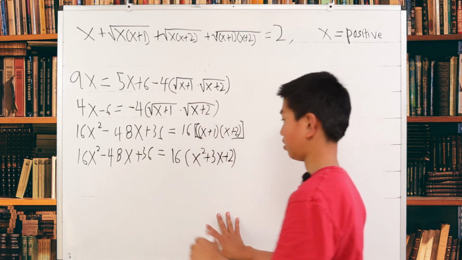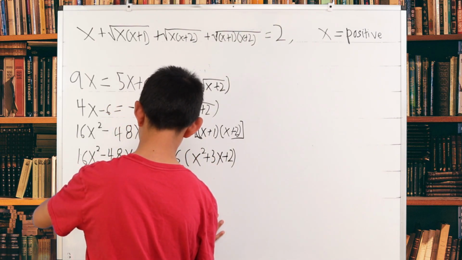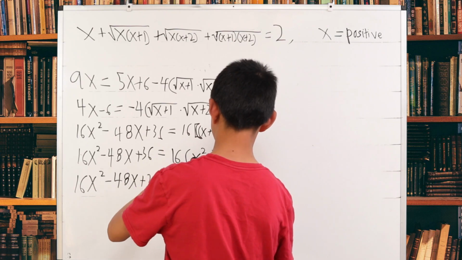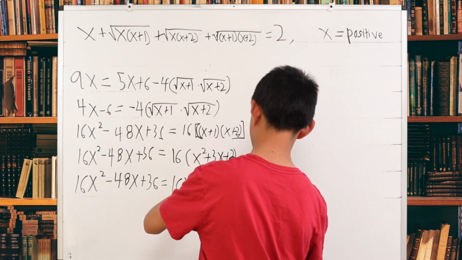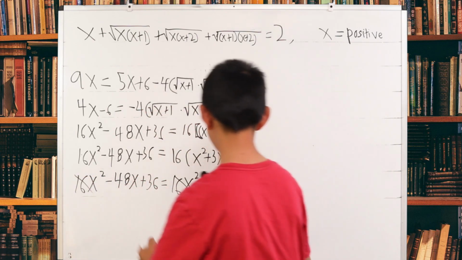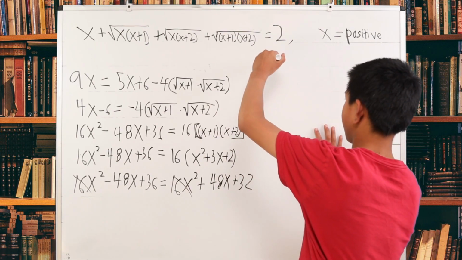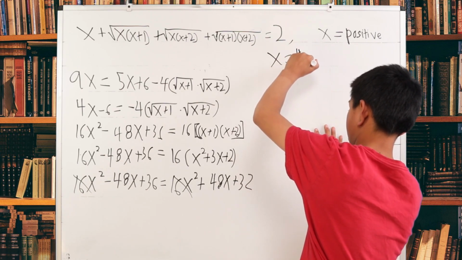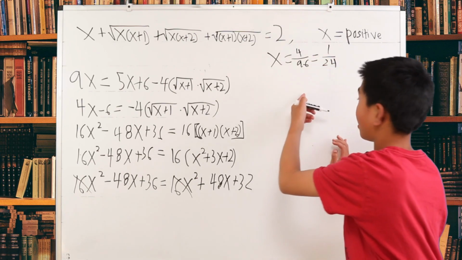Now it's pretty easy to solve. 16x squared minus 48x plus 36 is equal to 16x squared plus 48x plus 32. These two cross out. And what you're left with here is, in the end, you get that x is equal to 4 over 96, or equal to 1 over 24. And that is our answer.